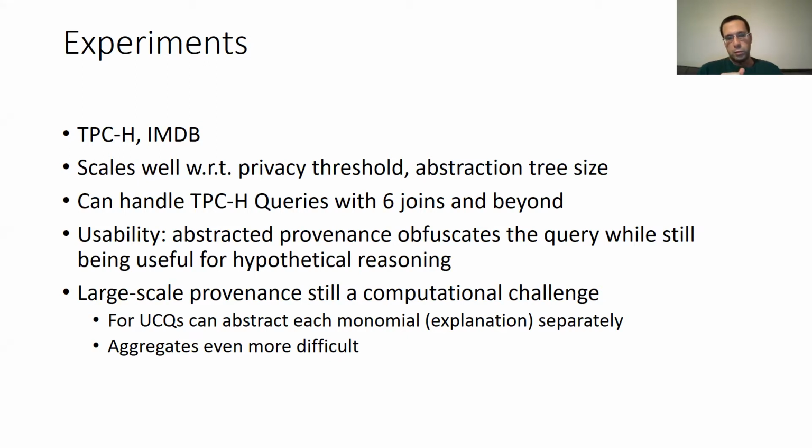So one possible heuristic is to abstract each monomial, each explanation, separately, and then mix and match them, possibly using user interaction. With aggregates, the story is more complicated because a single explanation may involve multiple values coming from tuples in the group over which aggregation was performed. And that's an open problem, how to efficiently handle aggregation in practice.